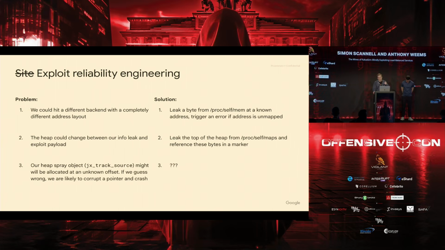And proc_self_mem is this special file. If you seek to an address that is unmapped, then the seek returns an error. And so this error propagated up the stack, and Kakadu basically stops processing the function if the seek fails. So in the first request, we leak an address. Then in our exploit request, we do this seek, and if our address is wrong, then we just error out and we can try again.